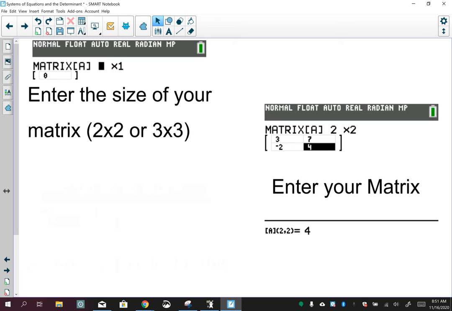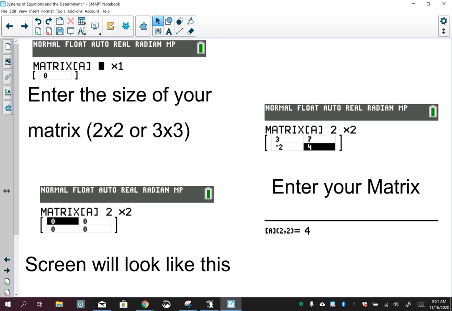Enter your matrix. So you're going to put your 2 by 2 or a 3 by 3, enter your matrix. And then when you're done, oh wait, I'm sorry, I went backwards. So when you put your matrix size in there, you're going to get this, and then you're going to enter your matrix. So it goes in this order here. It goes this one first, this one second, that one third.